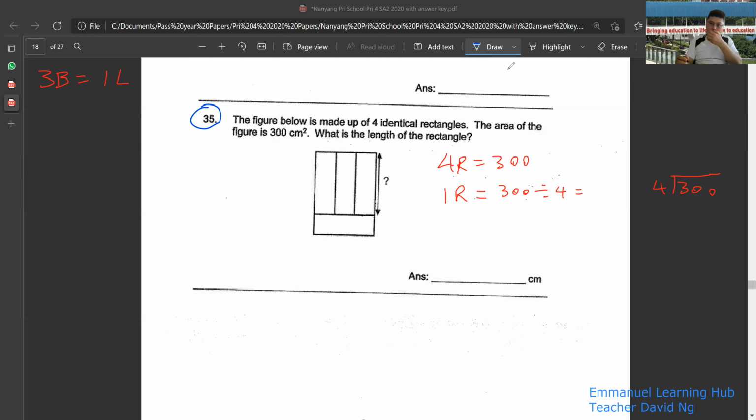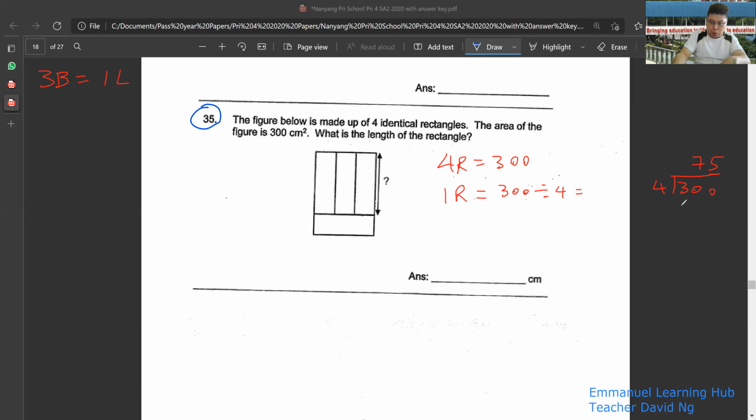What is 300 divided by 4? I haven't finished. No. 300 divided by 4 is 75.